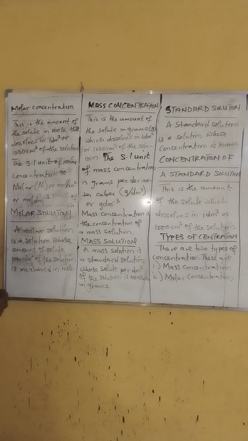So the amount of the solute that you dissolve inside the 1000 cm³ solution is measured in what? In mole. That is why it's mole in 1 dm³. Per means in 1 dm³.